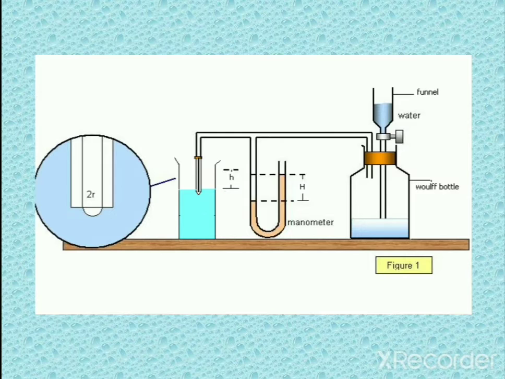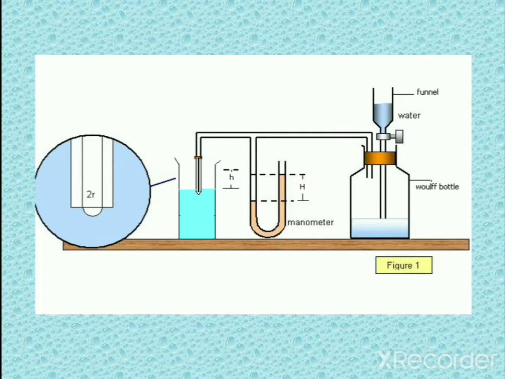Again, in the capillary, which is deep in the liquid, liquid rises in the capillary, but by this compressed air, the water risen in the capillary will be forced out.